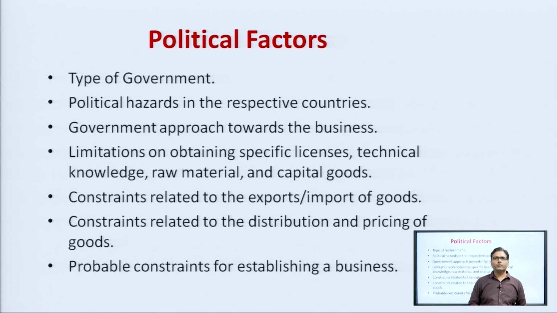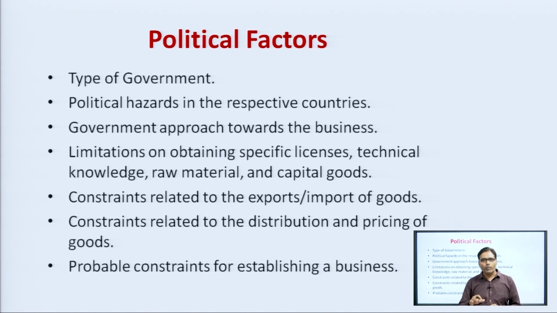Somewhere the government may be stable, a single party government, or there may be a multiple party, coalition government. If there is a coalition government, then political hazards will be higher. If there is a single party government, there will be less political risk or hazards, and this will again directly influence the environmental factor for the business.